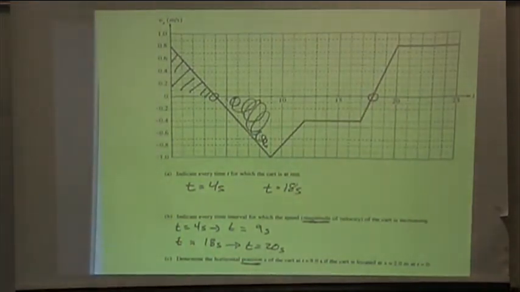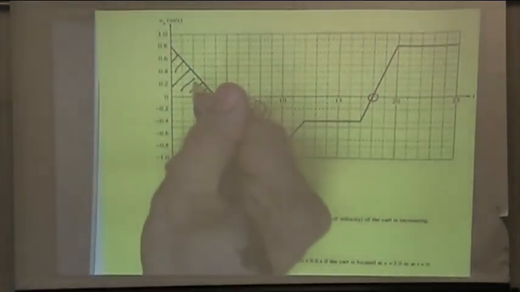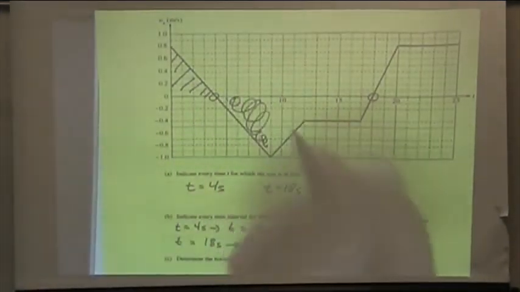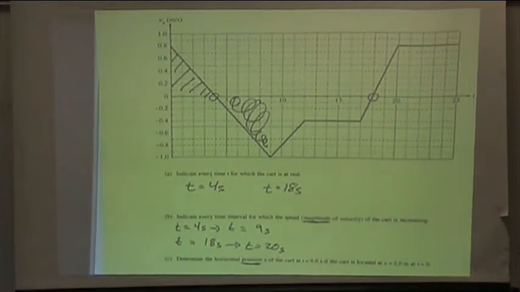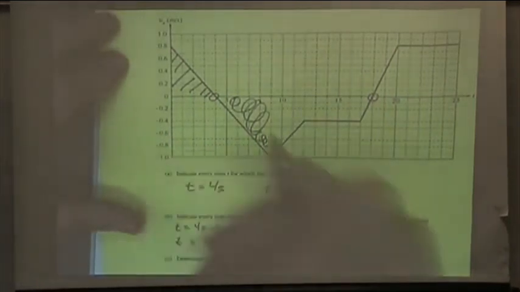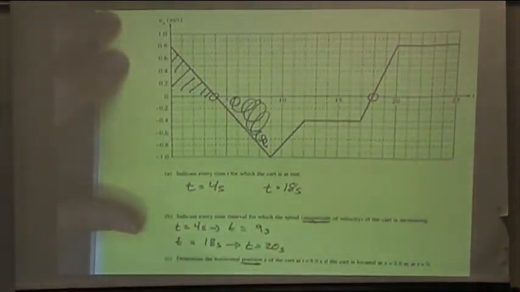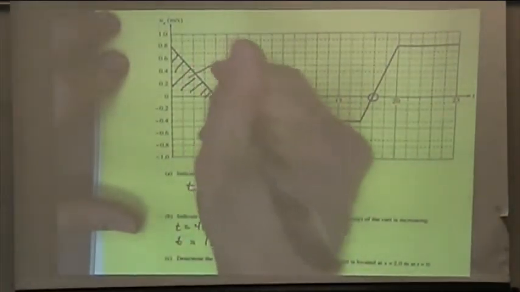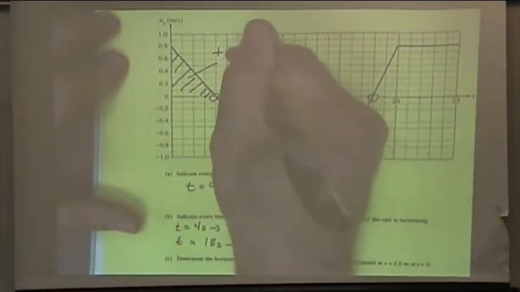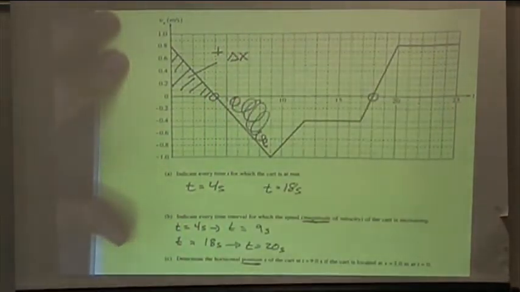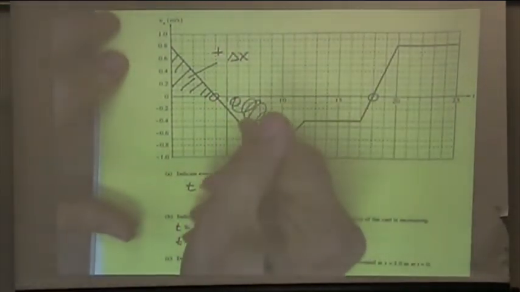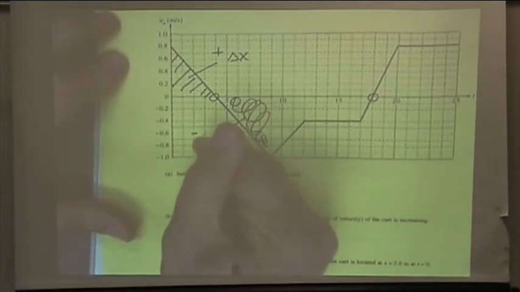So we've got two different areas to consider from 0 to 9 seconds. Notice that one of these areas is over the x-axis and one is under the x-axis. Right away, that tells us that we've got two different directions to deal with. This is going to be a positive displacement, and this area is going to be a negative displacement.